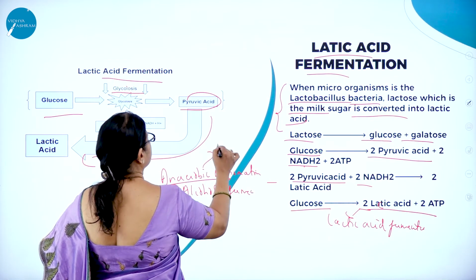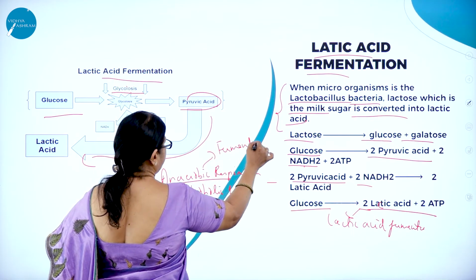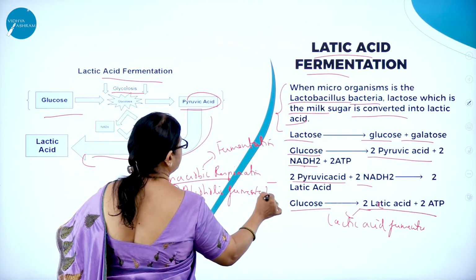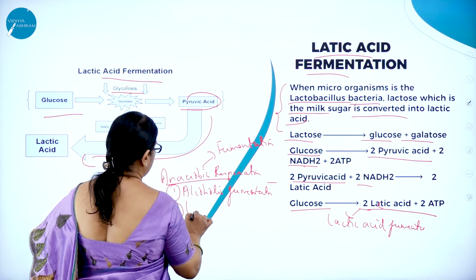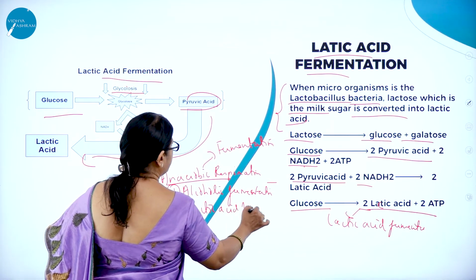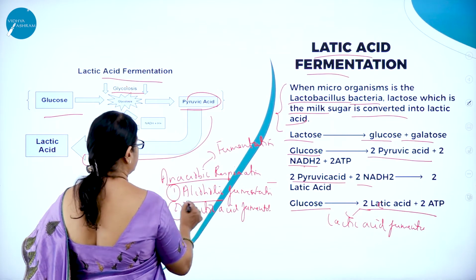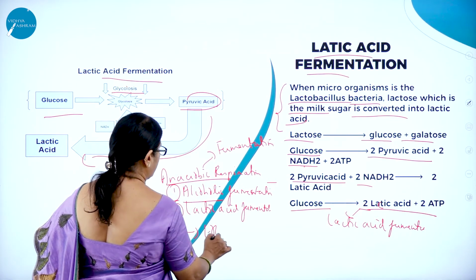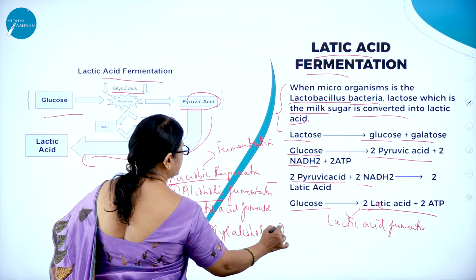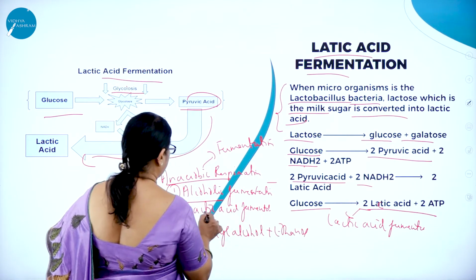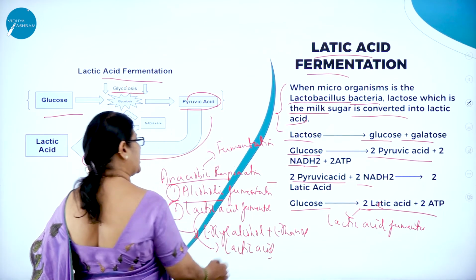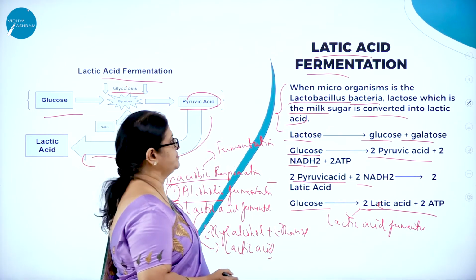As you know, anaerobic respiration is also called fermentation. Here the end product is ethyl alcohol or ethanol. Here it is lactic acid. Hence it is called lactic acid fermentation.